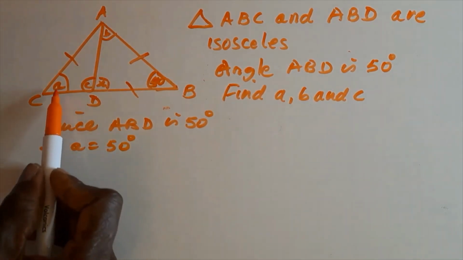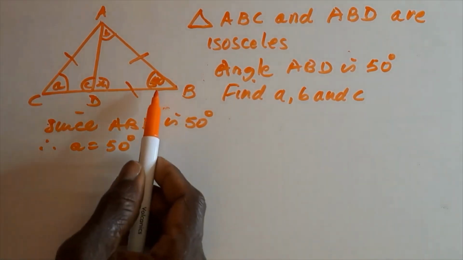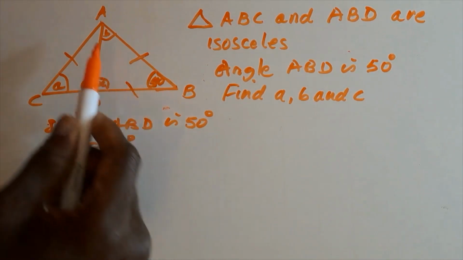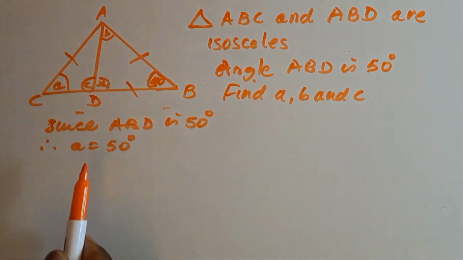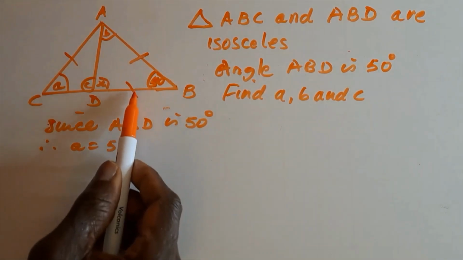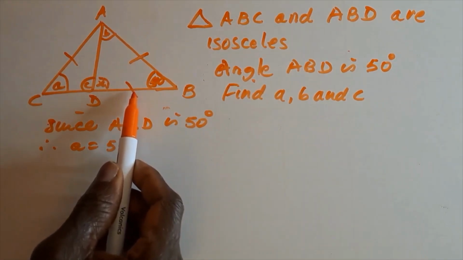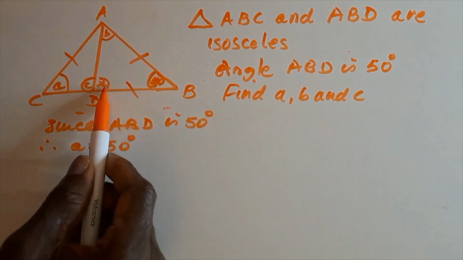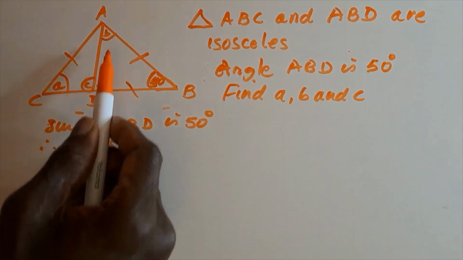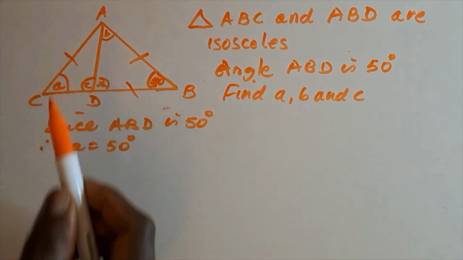Now, we have here that this is 50, and we also know that this is 50, but if we look at ABD, these two lengths are the same, meaning this angle, X, is equal to this angle, B.